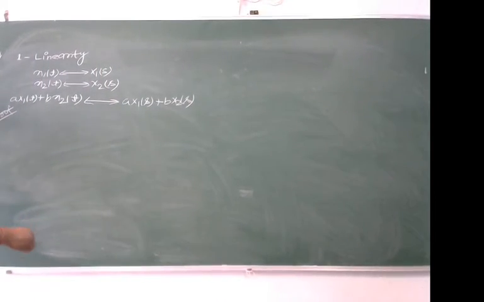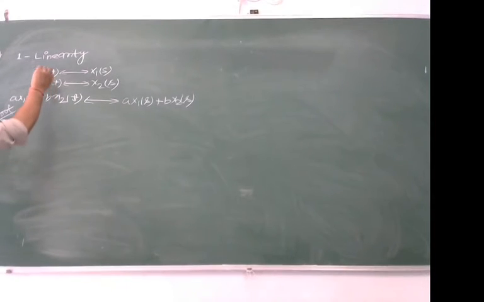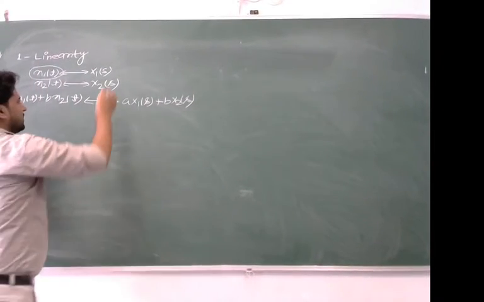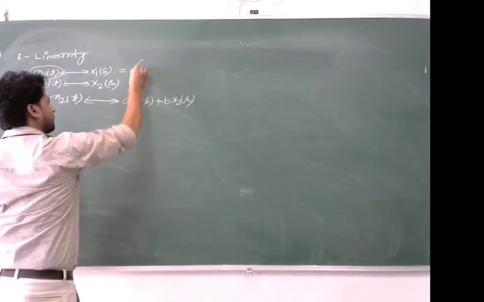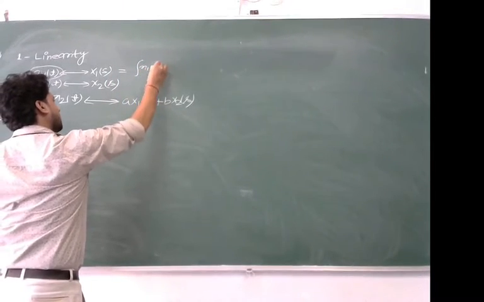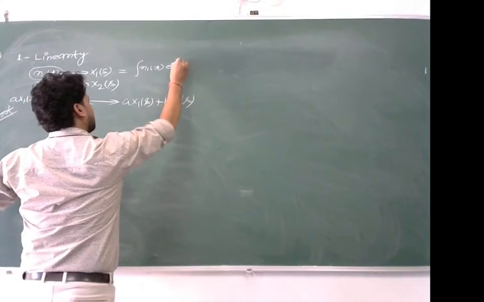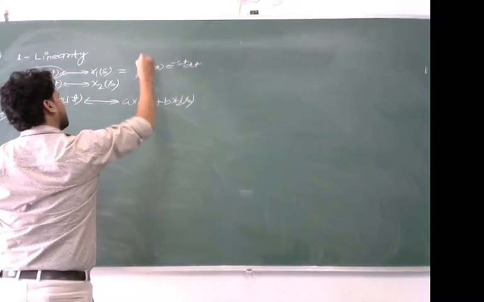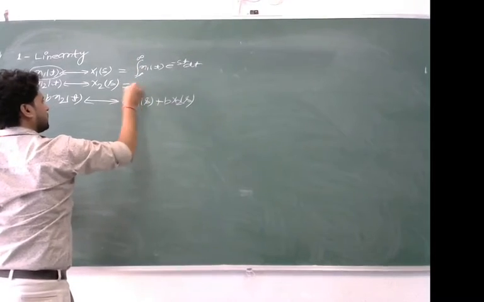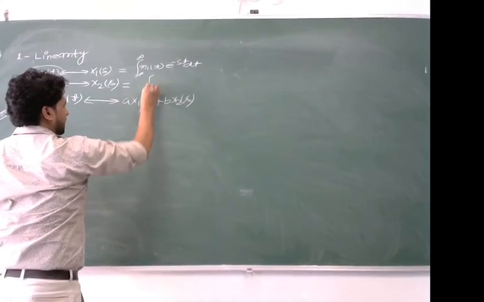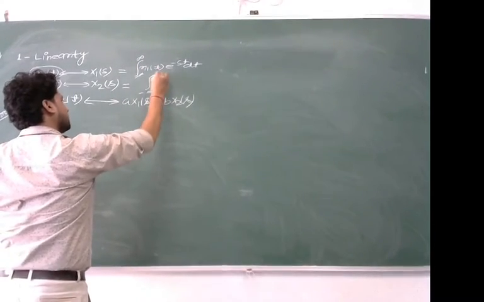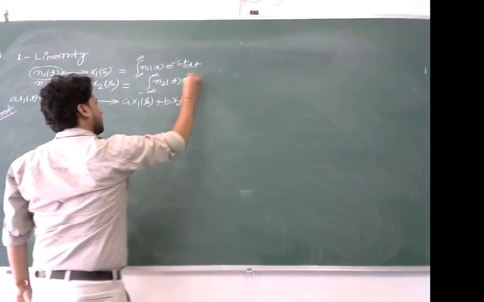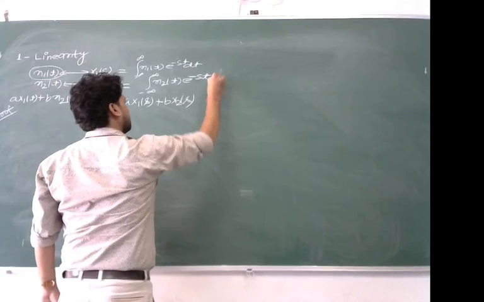It says that x1 of t has Laplace transform equal to X1 of s, meaning X1 of s will be equal to the integral of x1 of t into e power minus st dt, with limits from minus infinity to plus infinity. Also, X2 of s can be written as the integral from minus infinity to plus infinity of x2 of t e power minus st dt.